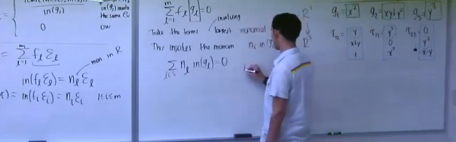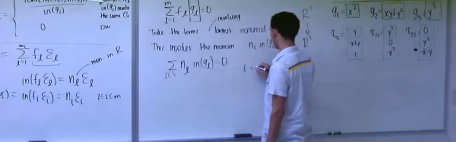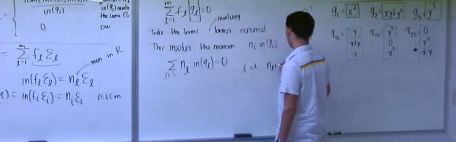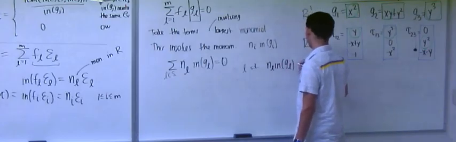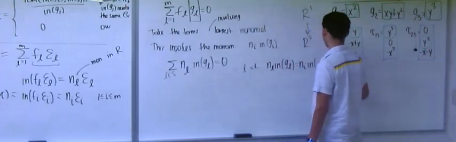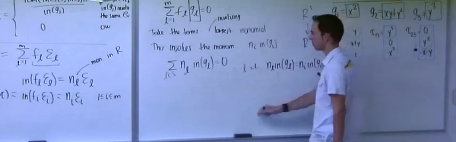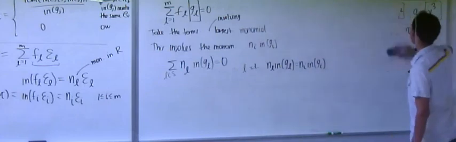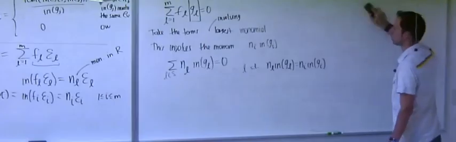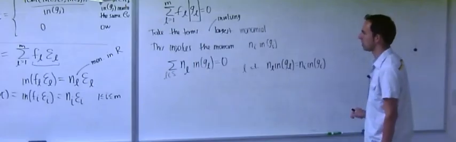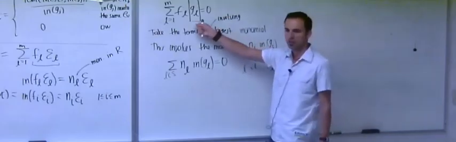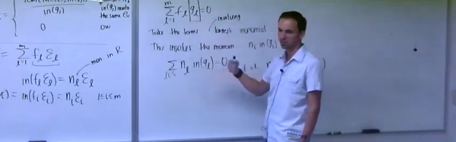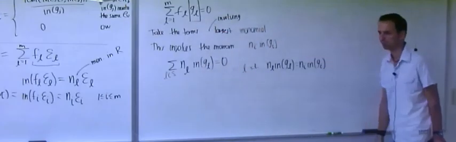These are the L's such that N_L times the initial term of G_L equals N_i times the initial term of G_i. So I take this equation, I look at the very largest degree, and I get some other equation that looks like this.